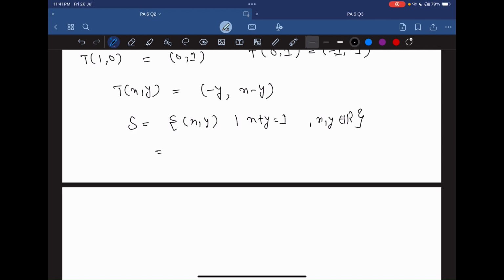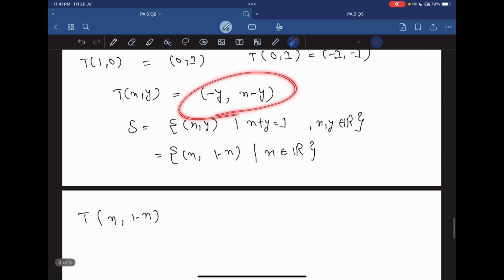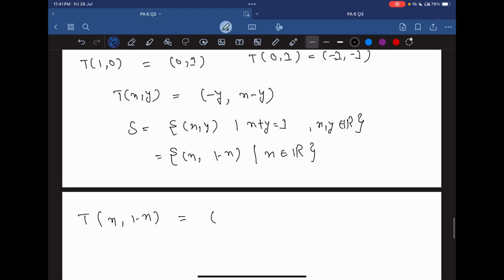Now this is x comma 1 minus x. Okay, so we have to plug these set values here, x comma 1 minus x. So with respect to this transformation, we have to find these values. So this would be minus 1 plus x comma 2x minus 1.